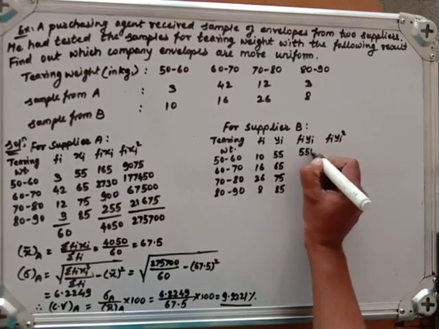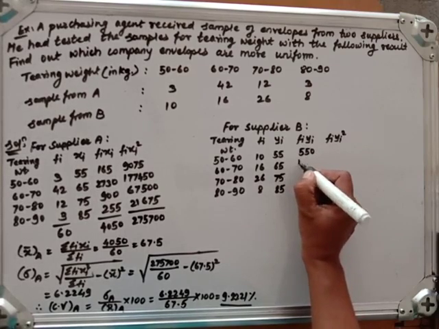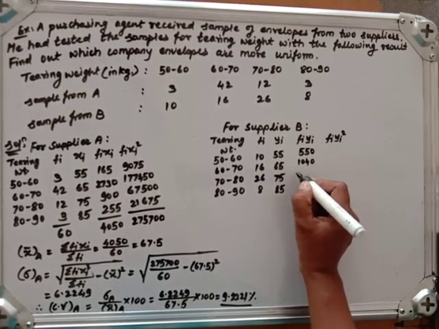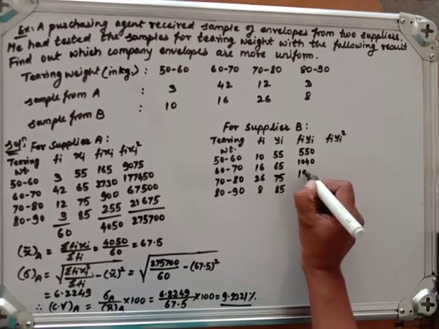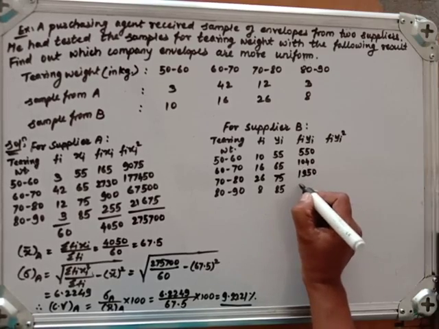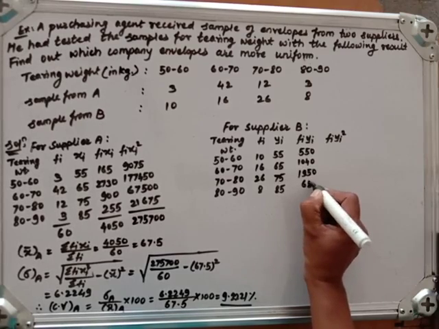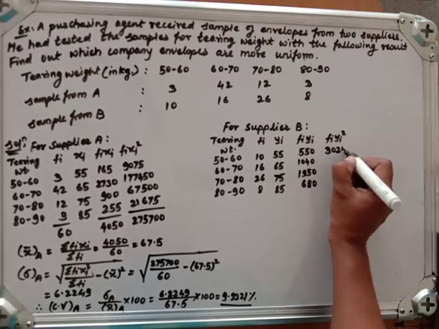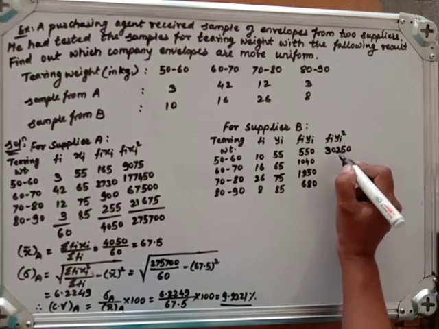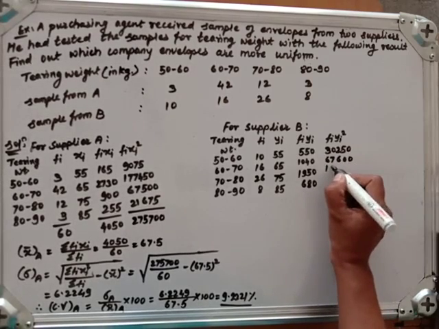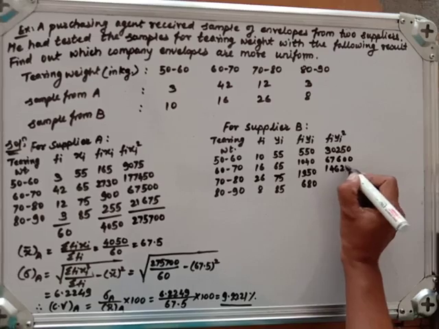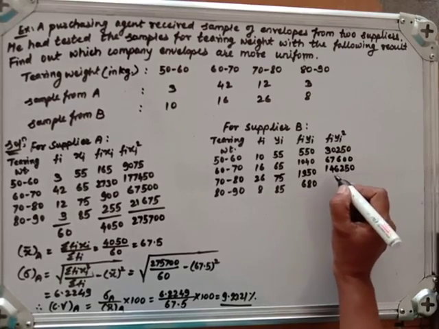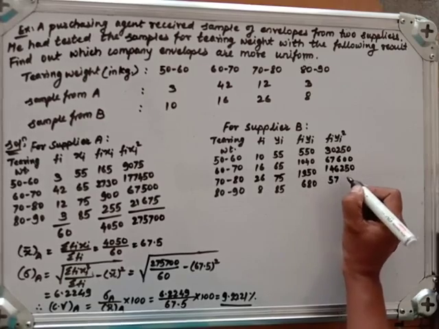Take the product. This is 550, this is 1040, this is 1950, this is 680, this is 30,250, this is 67,600, 1,46,250, this is 57,800.